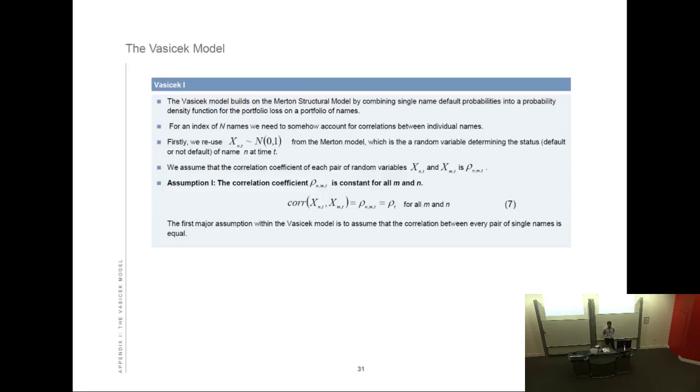Okay, so how do we do that? If we say all of our asset processes, the normal distributions that determine default, have some correlation structure, then for simplicity, let's just assume the correlations between them are constant.